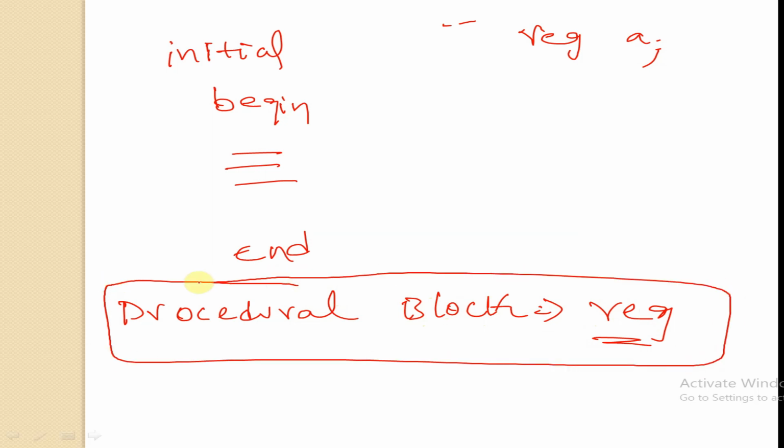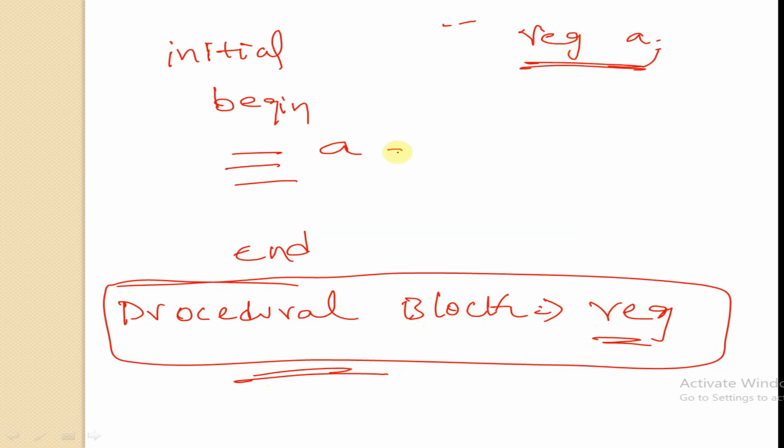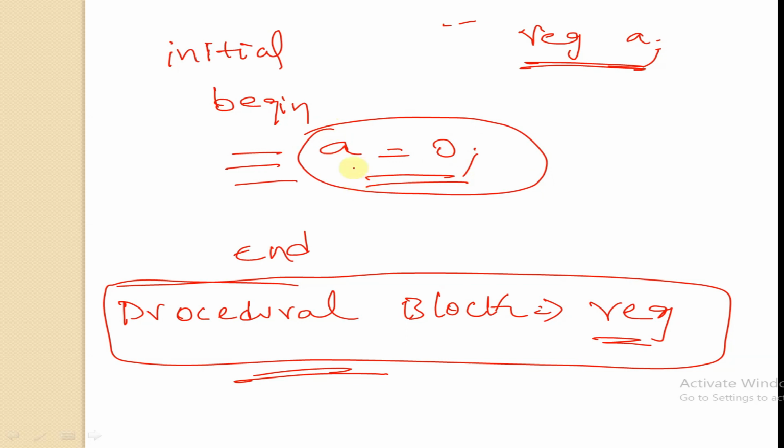The wire data type is not allowed in procedural blocks. So I am using this reg data type and I am assigning a value of 0. The assignments done to this variable in these procedural blocks will remain unchanged until another value is assigned to this variable. So a will be equal to 0 until the value of a gets changed.